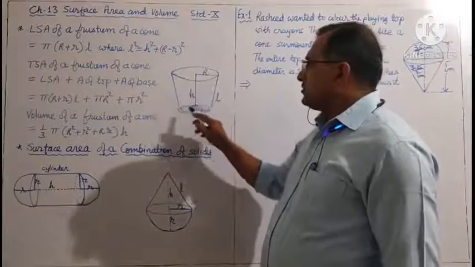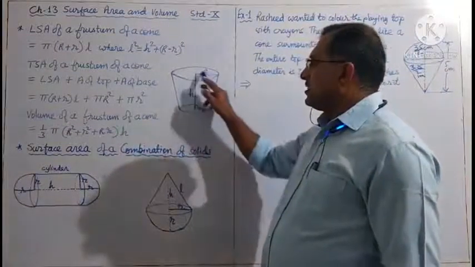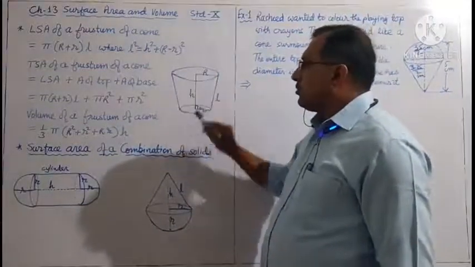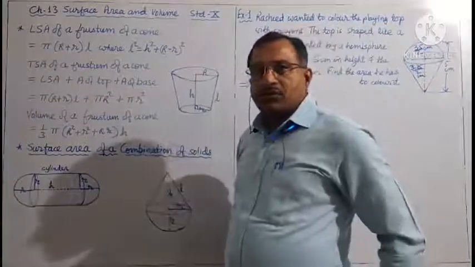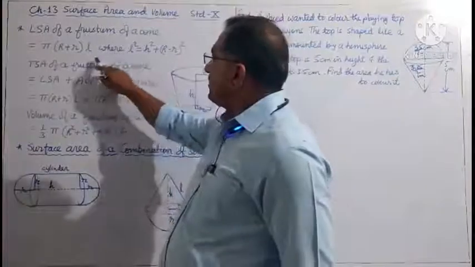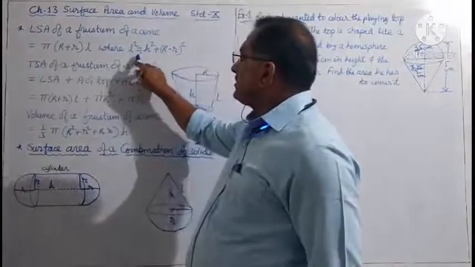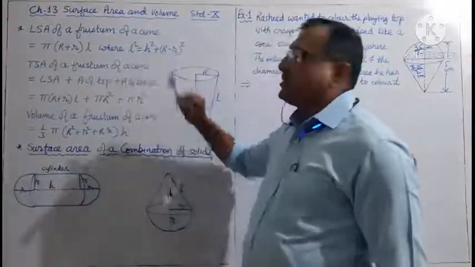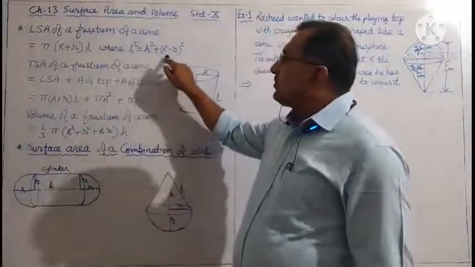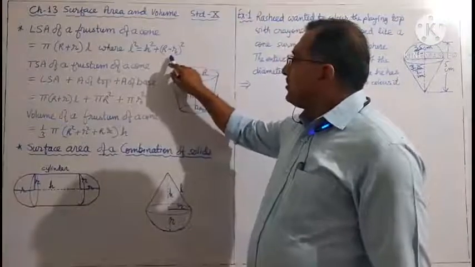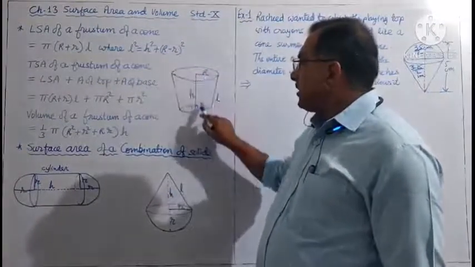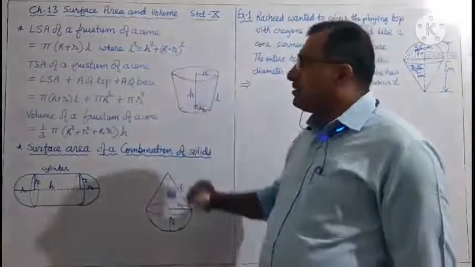A cylinder has both radii the same, top and bottom. Here the radii of the top and bottom are distinct, that is a frustum. For the slant height L, in the case of a cone L square is equal to h square plus r square. Here L square is equal to h square plus the square of the difference, that is capital R minus small r whole square.